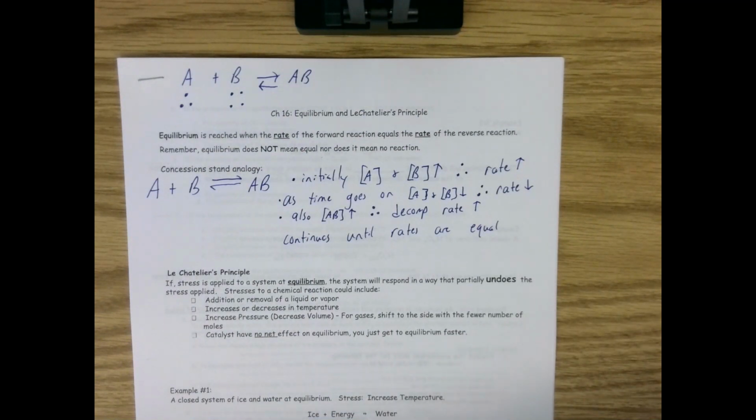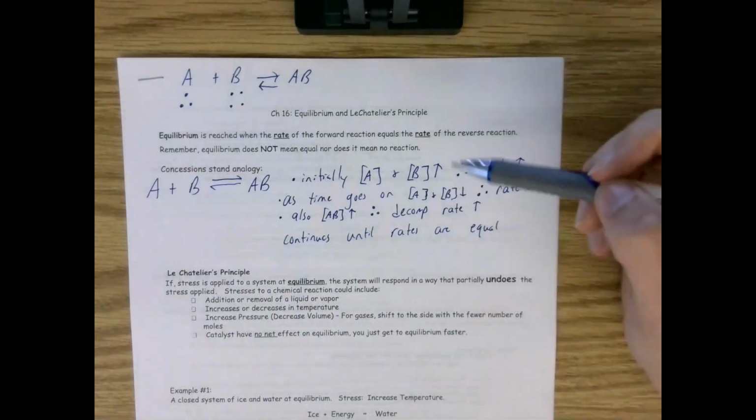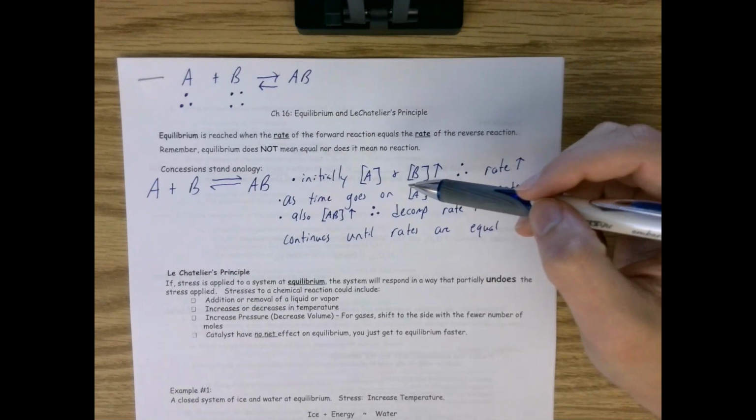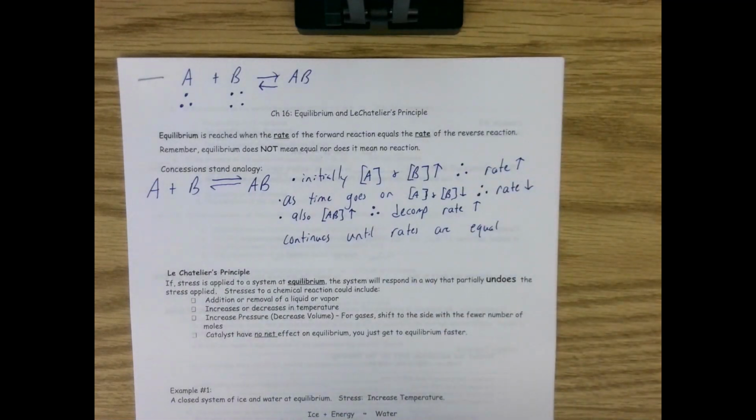So it's important that you understand the reaction does not stop. But do the concentrations continue to change? No. The concentrations stay the same. Okay? Even though both reactions are happening, they're going to offset each other. Okay? So as soon as we make one molecule, we decompose a different molecule at the exact same rate.